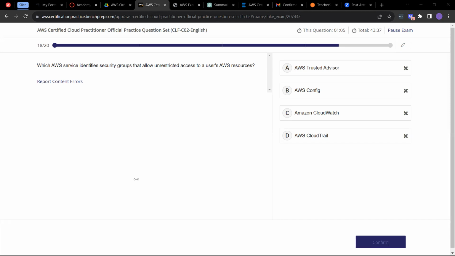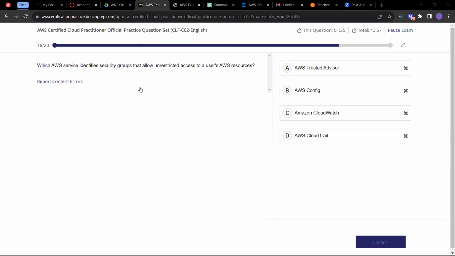Hey, this one, I've forgotten the correct answer anyway. So, okay, there is A. But how is it A? Because it says it allows unrestricted access to a user's AWS resources. Trusted Advisor.